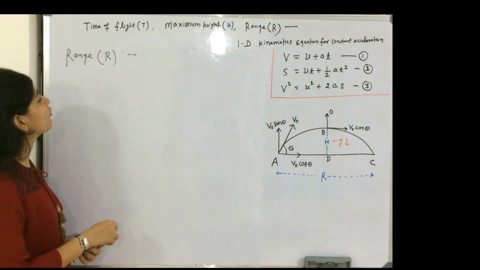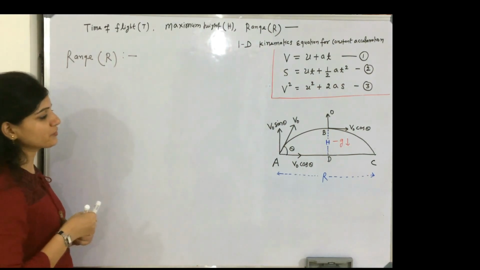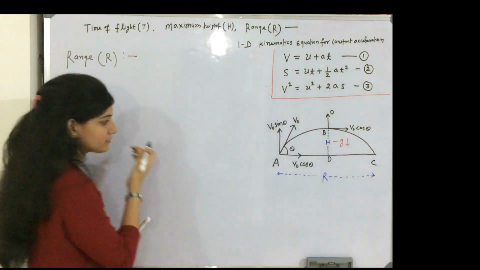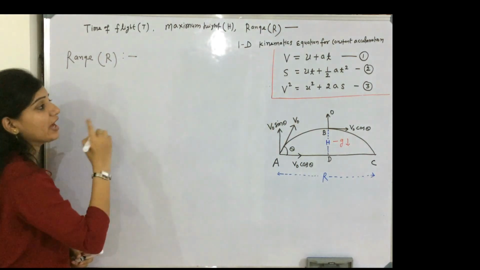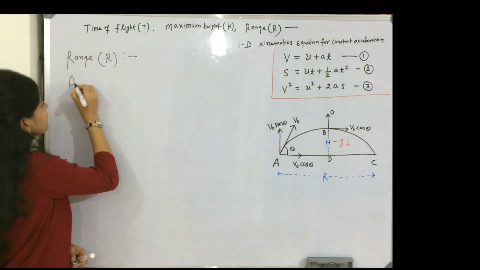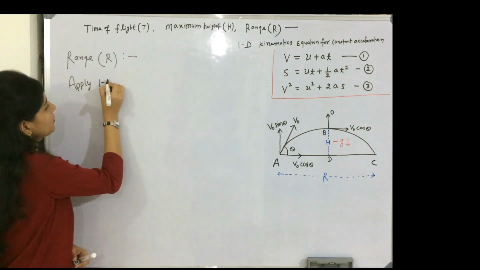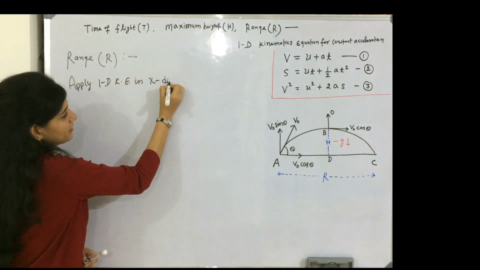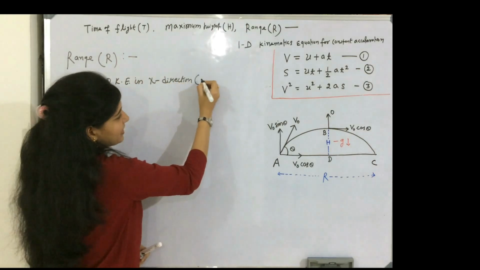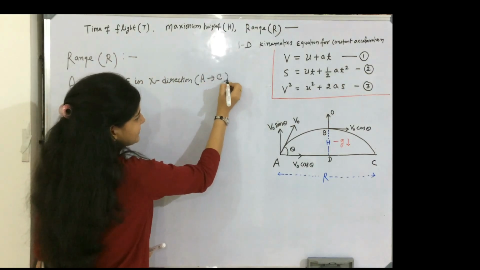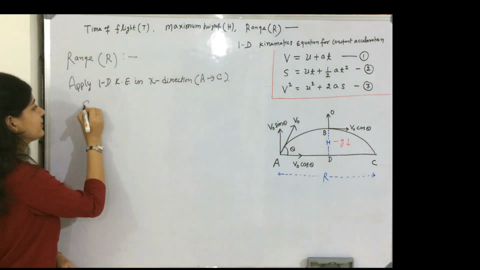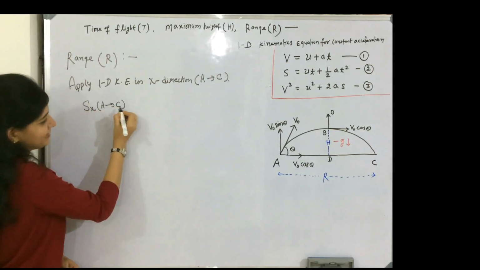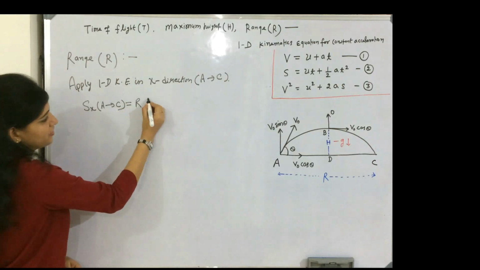Now I am going to derive the formula for range of projectile. The range of projectile is the maximum displacement in x direction, that is A to C. So applying the 1D kinematic equation in x direction from initial point A to final point C, the displacement in x direction is R, which we have to find out.